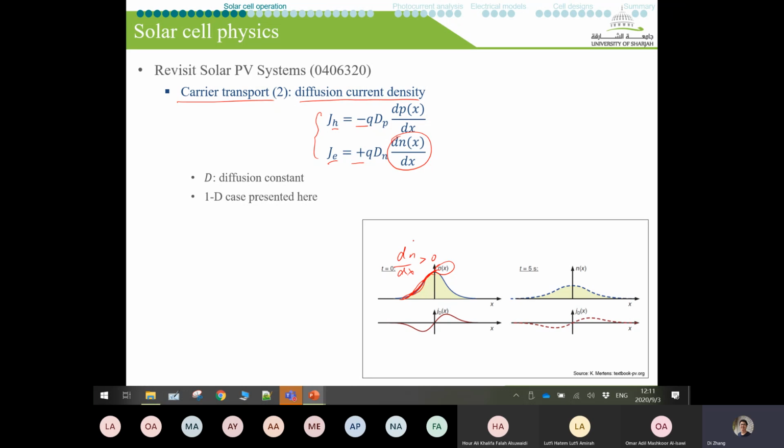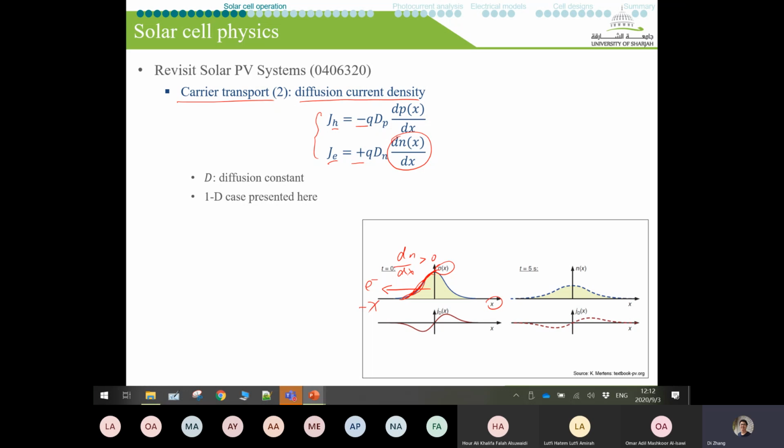So if the concentration gradient is positive, but we know that locally it always goes from high concentration to low concentration, the movement of the electron is going to be in this way. It's going to go from high concentration to low concentration, so it's going to go in the negative x direction.